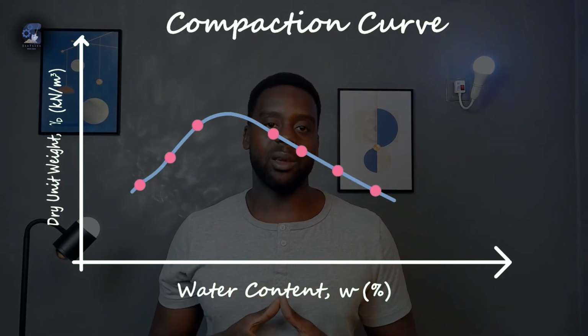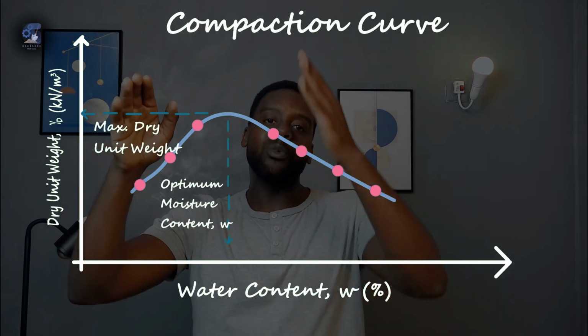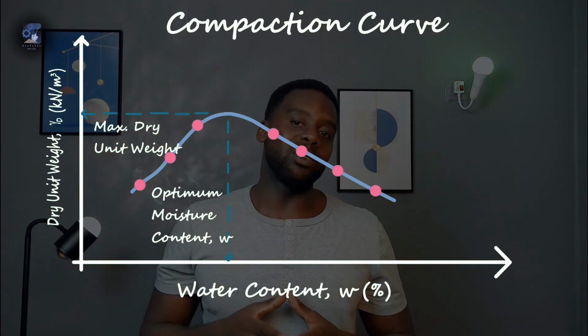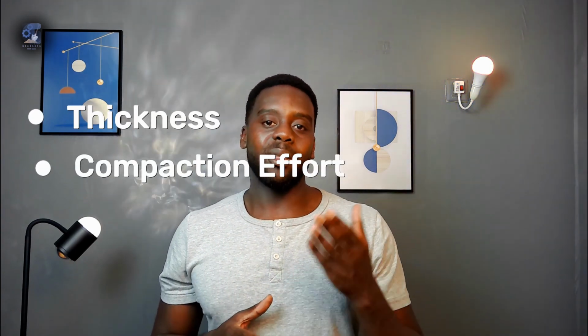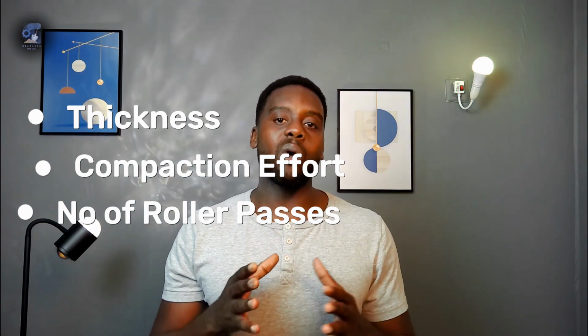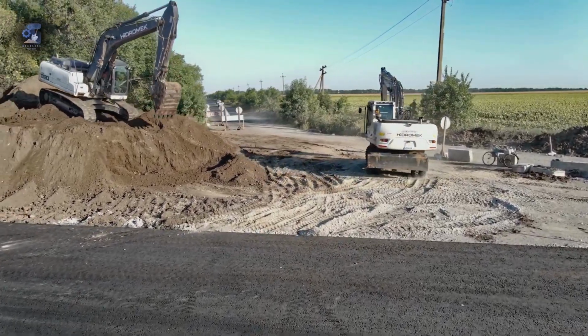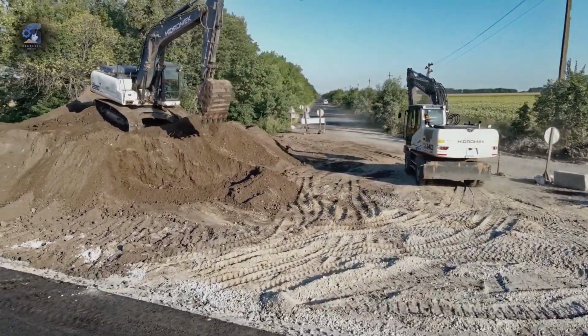From this compaction curve, a maximum dry unit weight and an optimum moisture content can be deduced, which will be used to determine the thickness, the compaction effort needed, and the number of roller passes needed for each layer to achieve a well-compacted and stable pavement in the field using the borrowed pit soil materials.